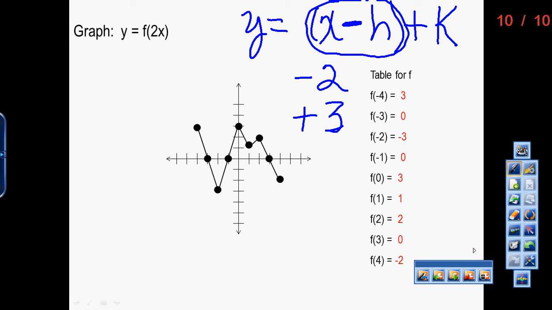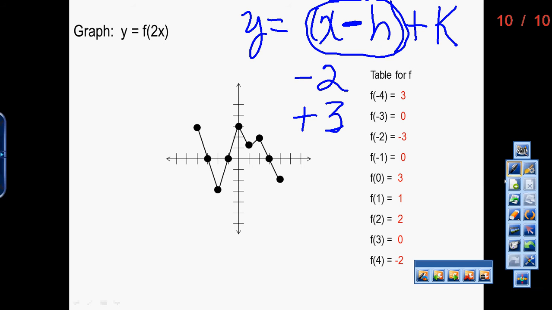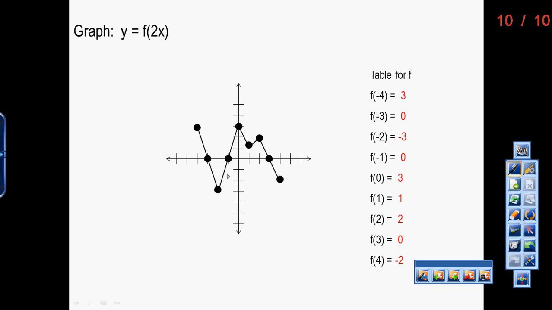So based upon that, what do we think is going to happen when we look at the 2 on the inside? What do you think is going to happen there? Okay, so you would think looking at it that I was going to have a horizontal dilation by 2.